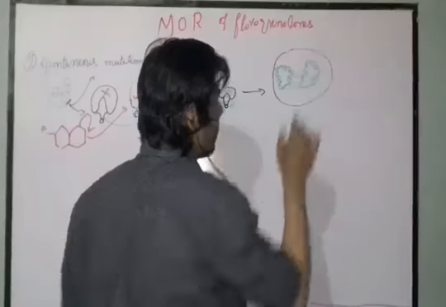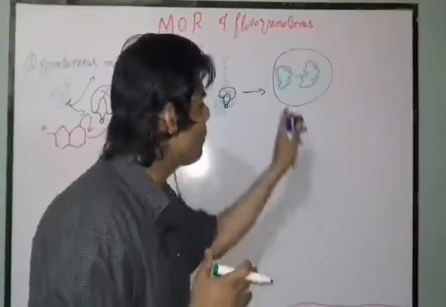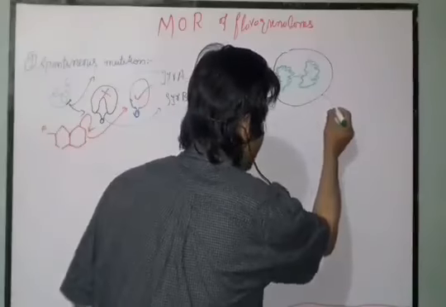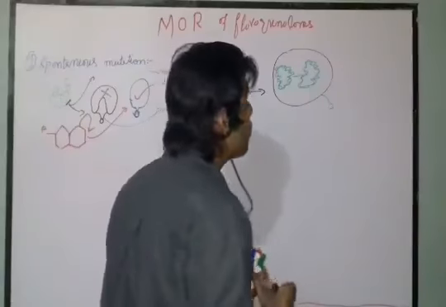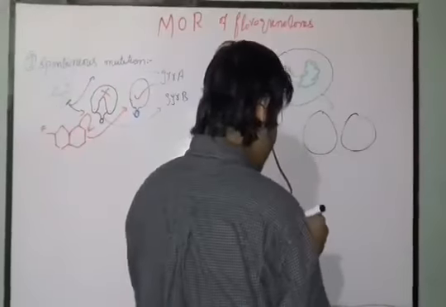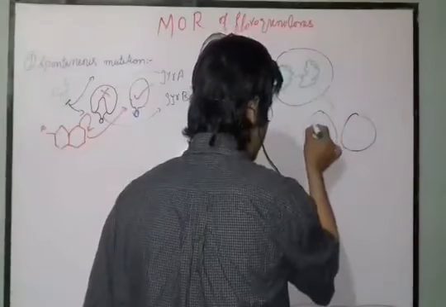Then after that, what actually happens? If the DNA replication occurs, then from this one bacterial cell, two cells are formed, and each cell carries a copy of the DNA.